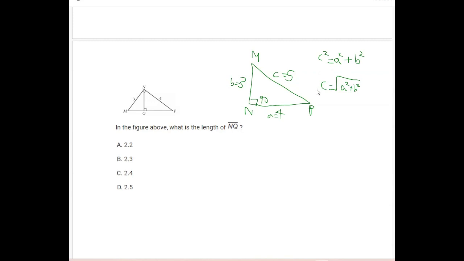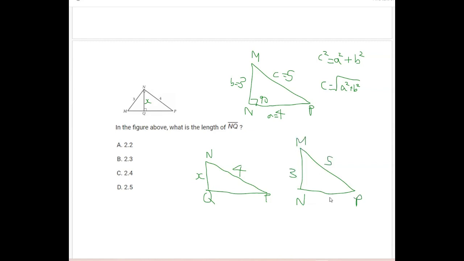Now I'm trying to determine the length of NQ. Notice that these two are similar triangles. So if I have NQ, 4, P, then I have NP, N, which is 5, 3, and 4.